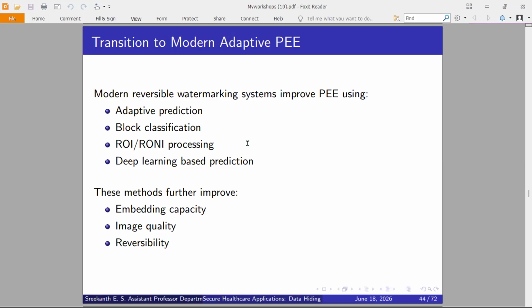Then block classification. You can divide the image into blocks, good, that is embeddable blocks, and non-embeddable blocks. Then you need to share only the block ID or block number, so you can eliminate the huge size of the location map.